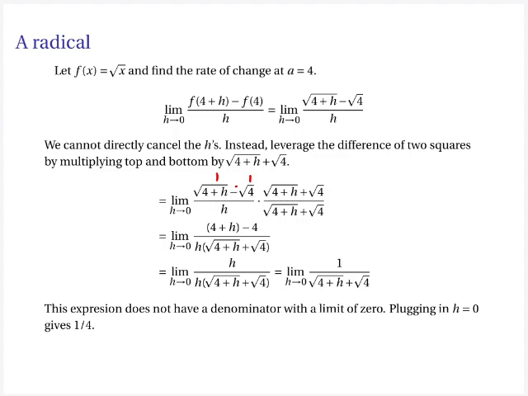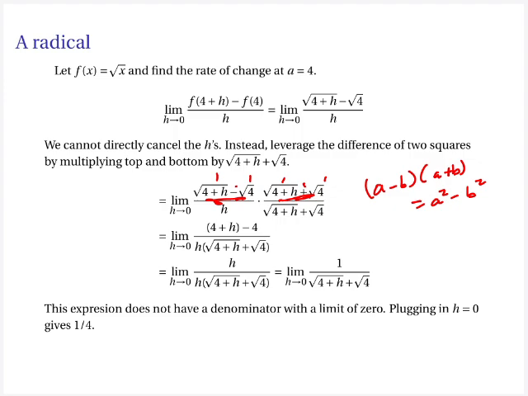So what I'm going to do is multiply that square root of 4 plus h and the square root of 4 with a plus sign between them, because I know the difference of two squares: a minus b times a plus b is a squared minus b squared. That's going to get rid of the square root. So I'm looking to leverage that familiar algebraic expression.